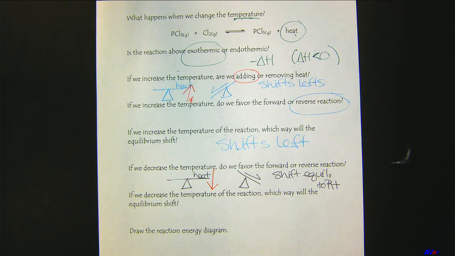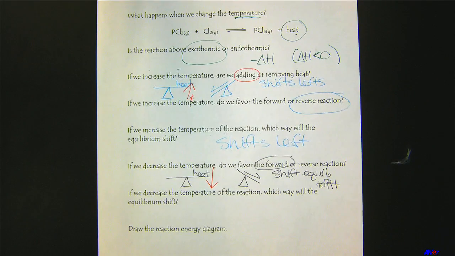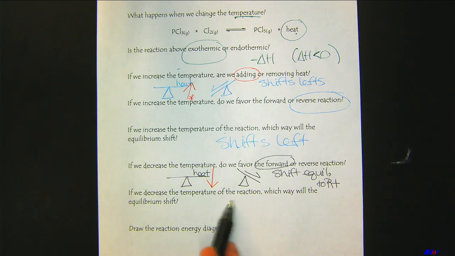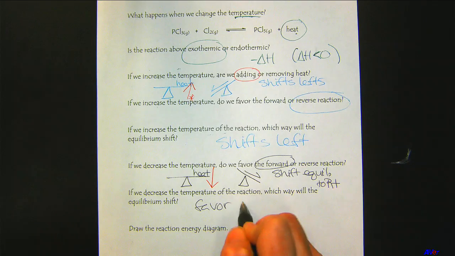So decreasing the temperature is actually going to favor the forward reaction. If we decrease the temperature, we shift to the right, and this is going to favor products.